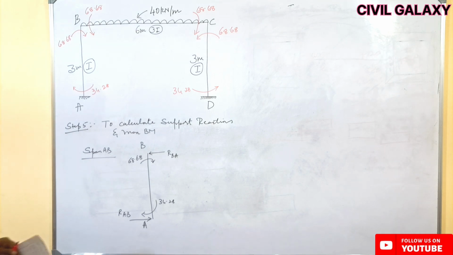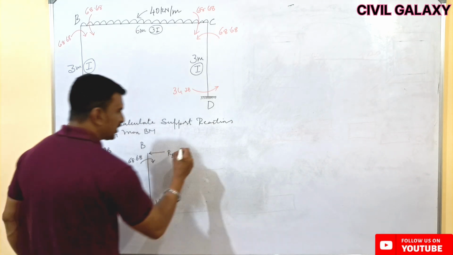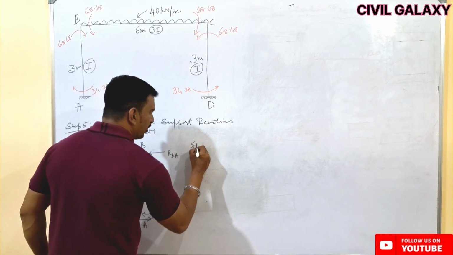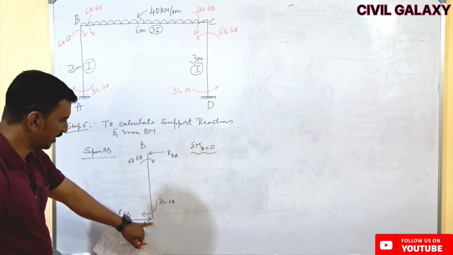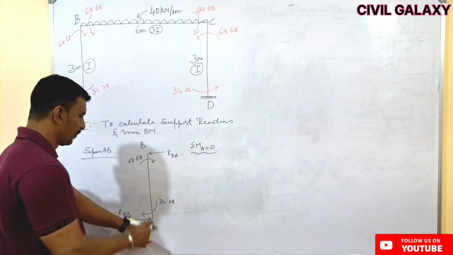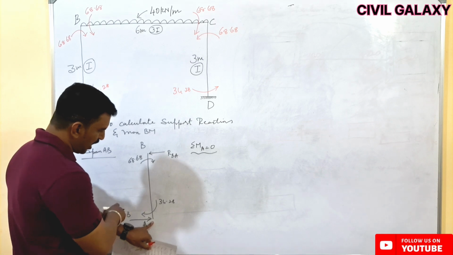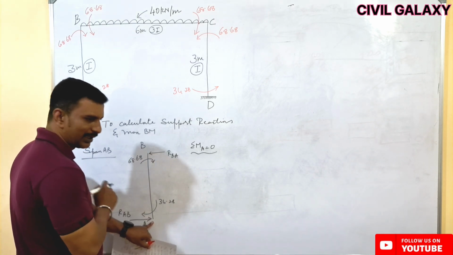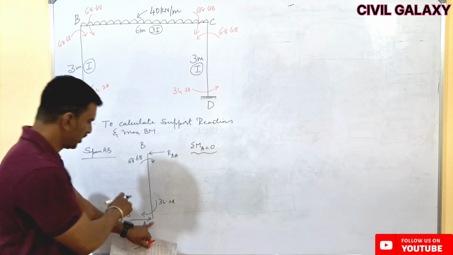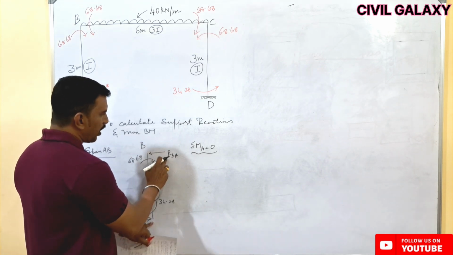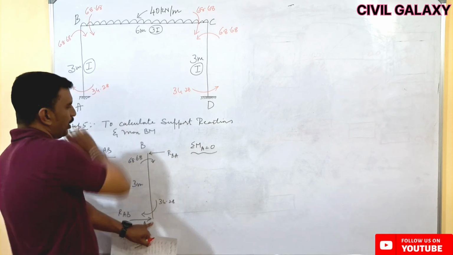Now if you want to find the support reactions, first we shall take the summation of moments about any one point equal to 0. In this case I will consider about A equal to 0. The moment of RAB is force multiplied by perpendicular distance, and since the force passes through the same point and the distance is 0, this will be equal to 0. So RBA, here it is 3 meters from A to B.